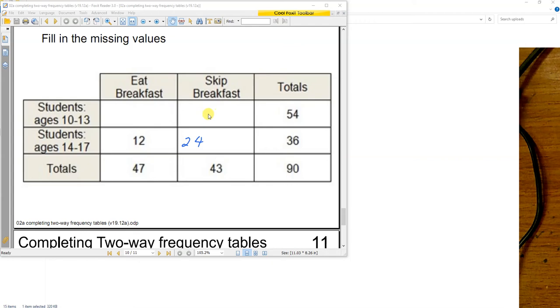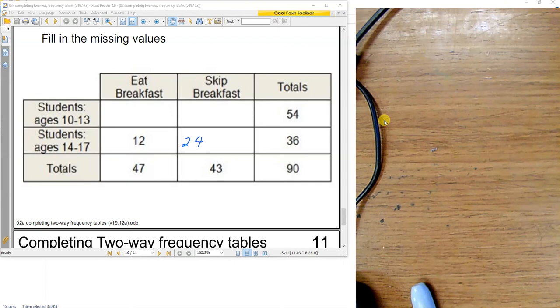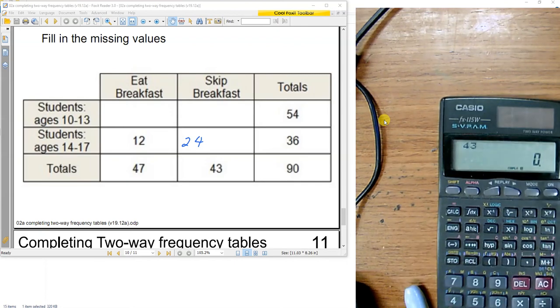43, 24 plus something is 43. Let's do 43 minus 24. 43 minus 24 takes me to a 19. So 19 plus 24 takes me to the 43.